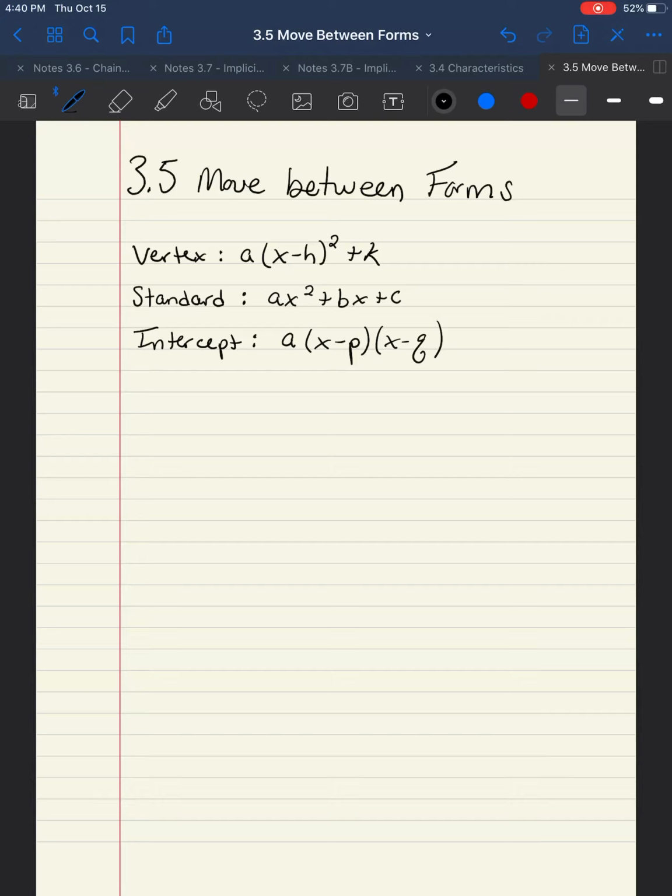So, as frustrating as that might get, I've rewritten that every single time, every single set of notes so far because we have to have them memorized.